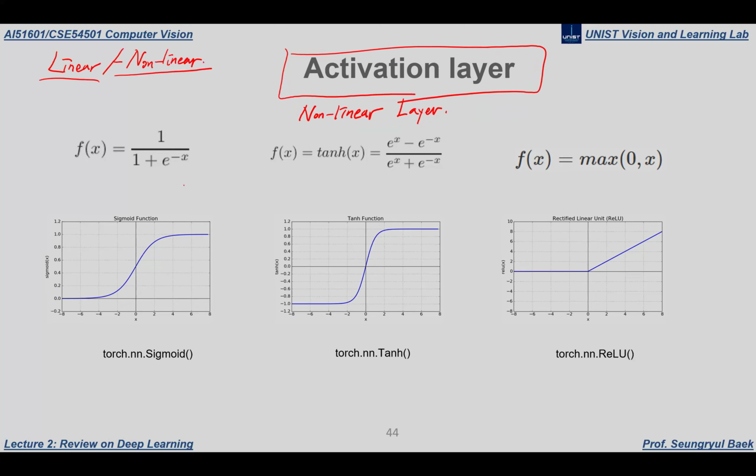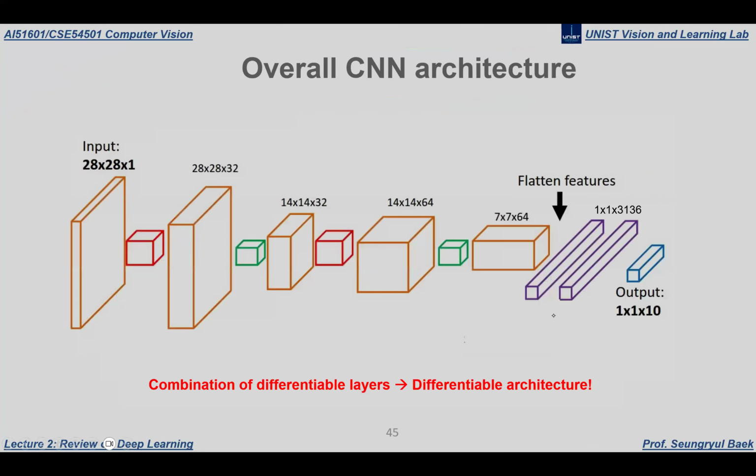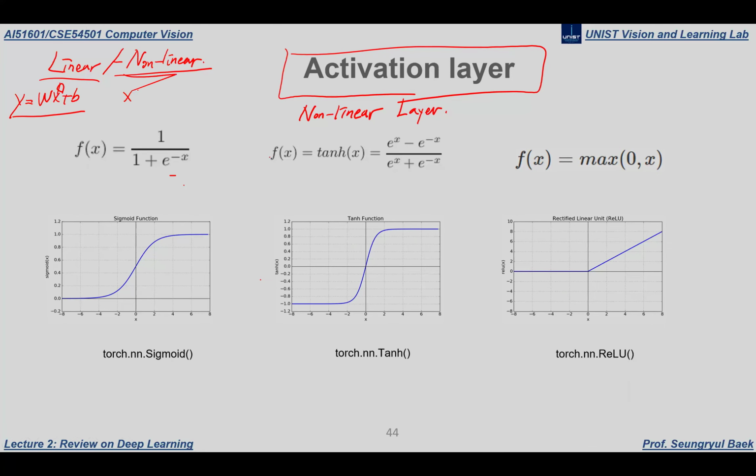Linear is defined like this type of linear equation, where the power of x is less than 2, which means just 1. But for nonlinear layers, if the power of x is greater than or equal to 2, then we normally call that a nonlinear function.